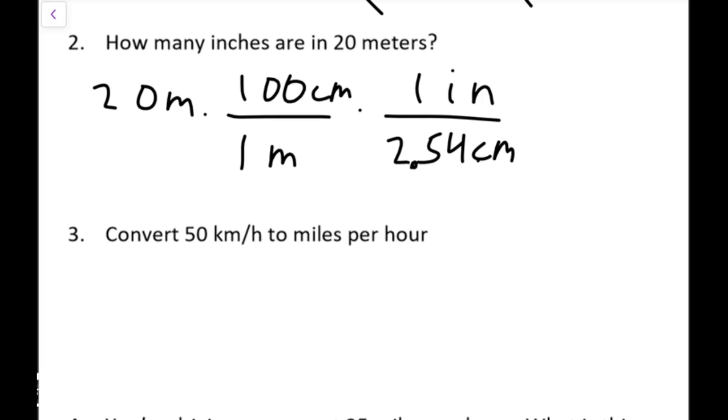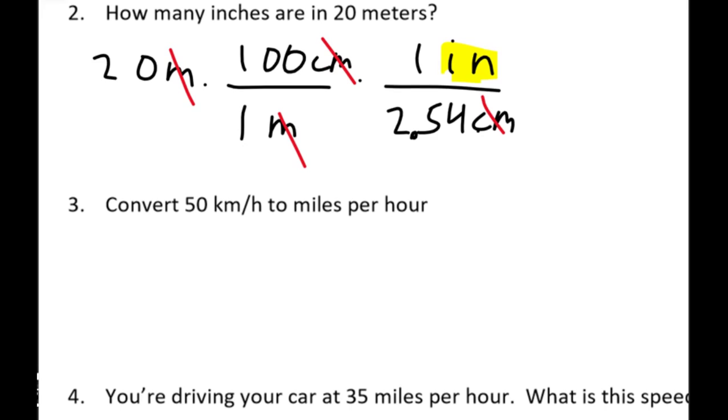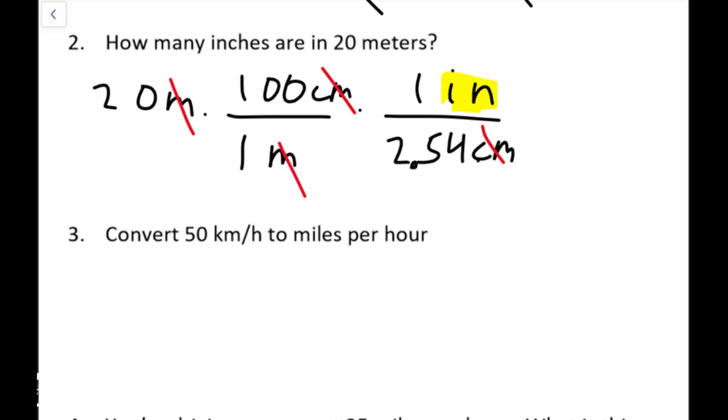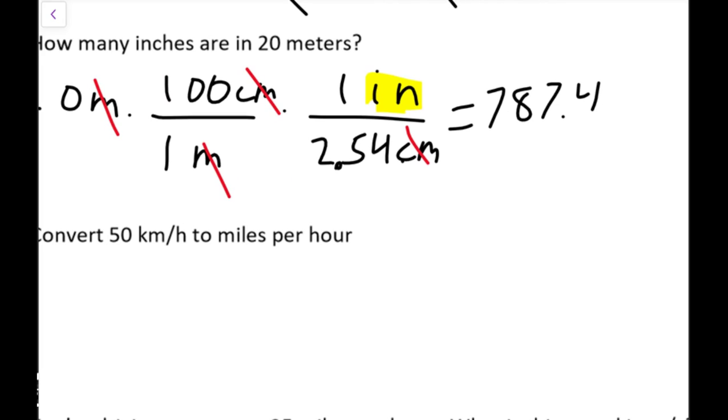And again, we can see the meters cancel, centimeters cancel, and so what we're left with is inches here. And so we can do 20 times 100, divide by 2.54, and get the answer of 787.4 inches.